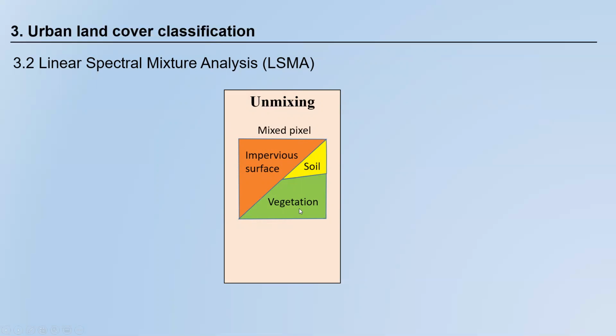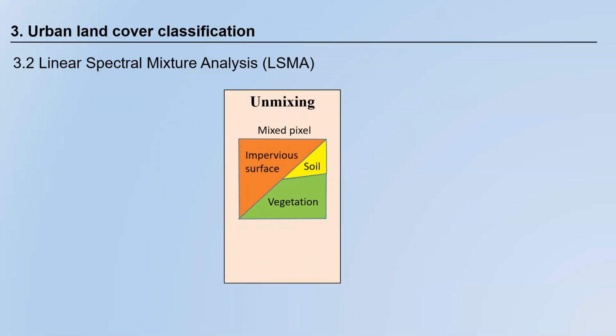What is abundance? You can consider abundance as an area occupied by a specific land cover type. Let's just say impervious surface here. According to this illustration, it occupies 50% of the pixel, right? Then we say the abundance of impervious surface within this pixel is 0.5 or 50%. It doesn't matter, it's the same idea.